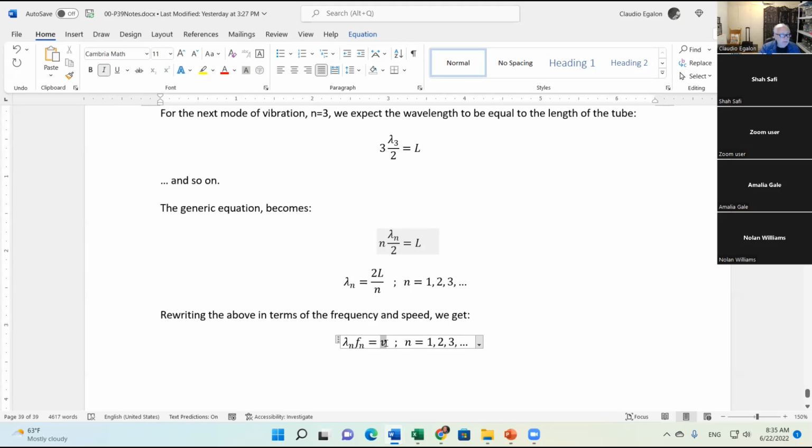The speed of sound depends on the medium only. Okay, writing in terms of the frequency, we get f.